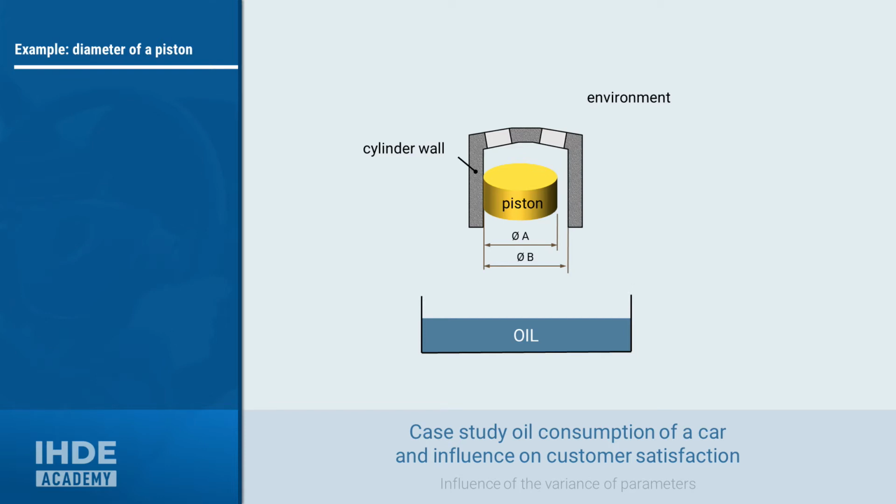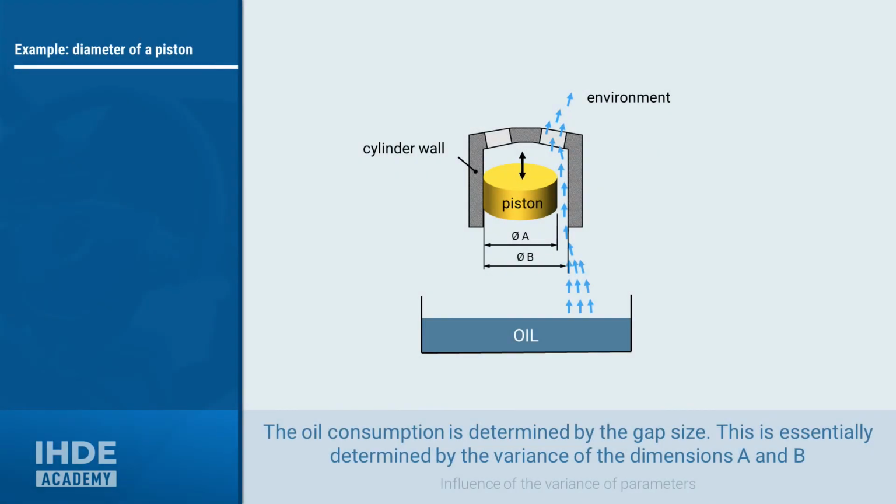Very, very simply, in the system under consideration, we have an oil supply, the engine block with its cylinder wall, the engine piston, and all around the environment. As previously stated, while the engine is operating and the piston is moving up and down, oil can leak into the environment through the gap.